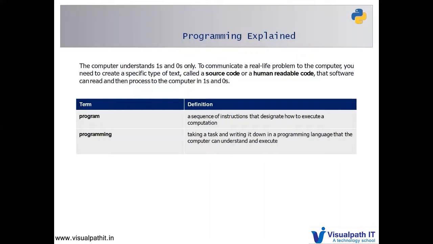So we need to give 4 as a specific input type, an operator called plus, and then we also need to give an input of say 5, and we need to say add 4 and 5. And what is programming? Taking a task and writing it down in a programming language that the computer can understand and execute.